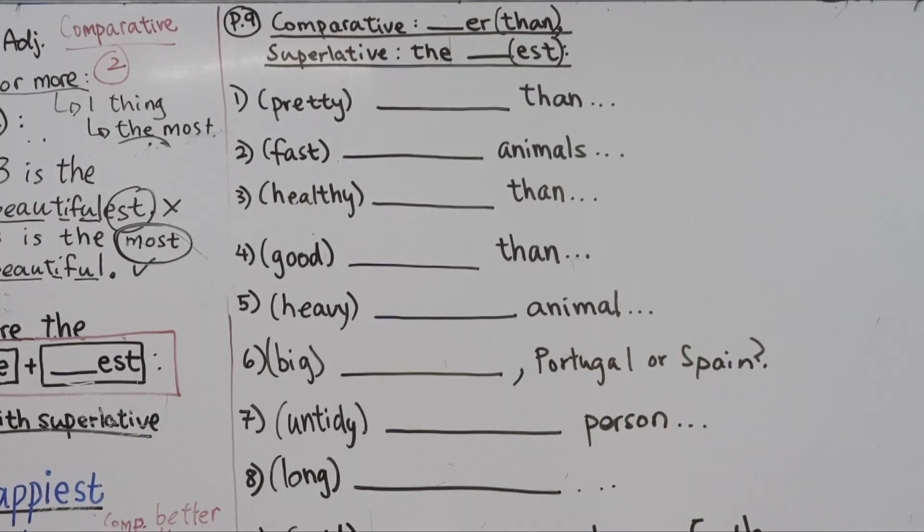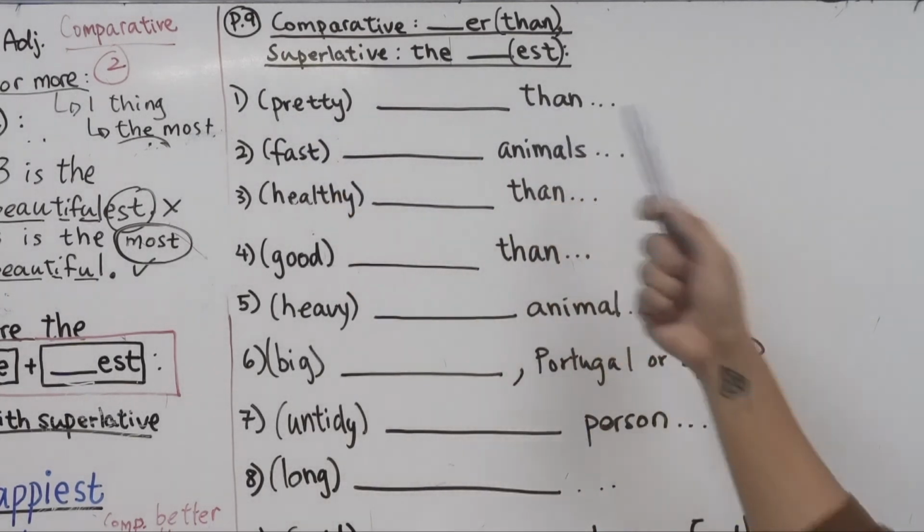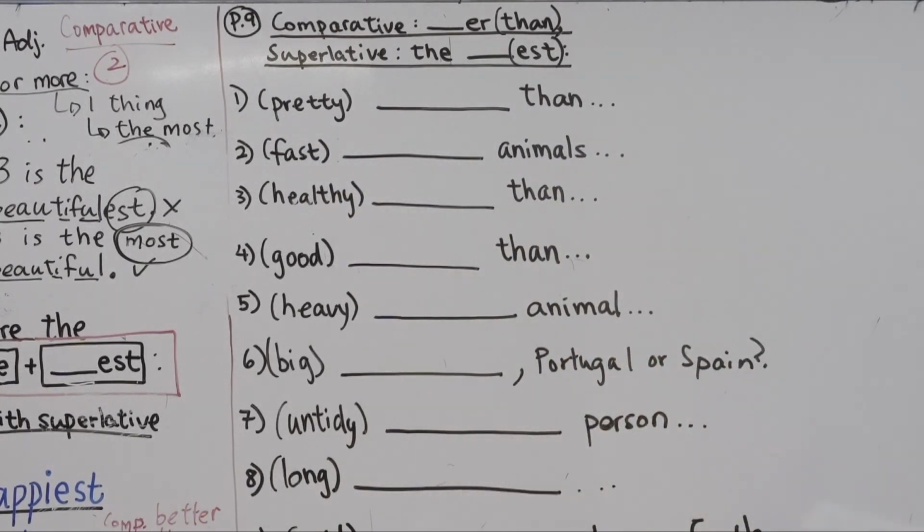So let's go through them one by one, alright? You can look at the previous part on page 8 as examples if you'd like, but we'll do them one by one, so don't worry about being confused. So number 1, her dress is pretty than mine. A good giveaway on what to use are the words after it.